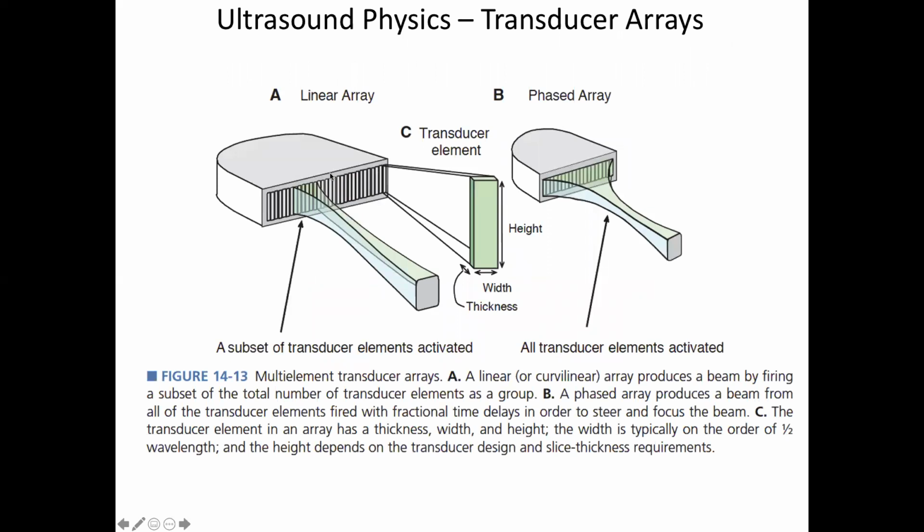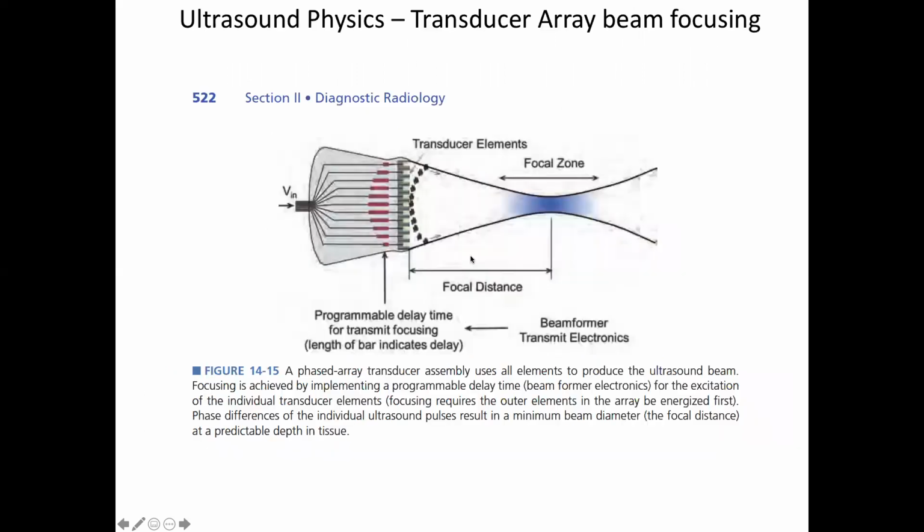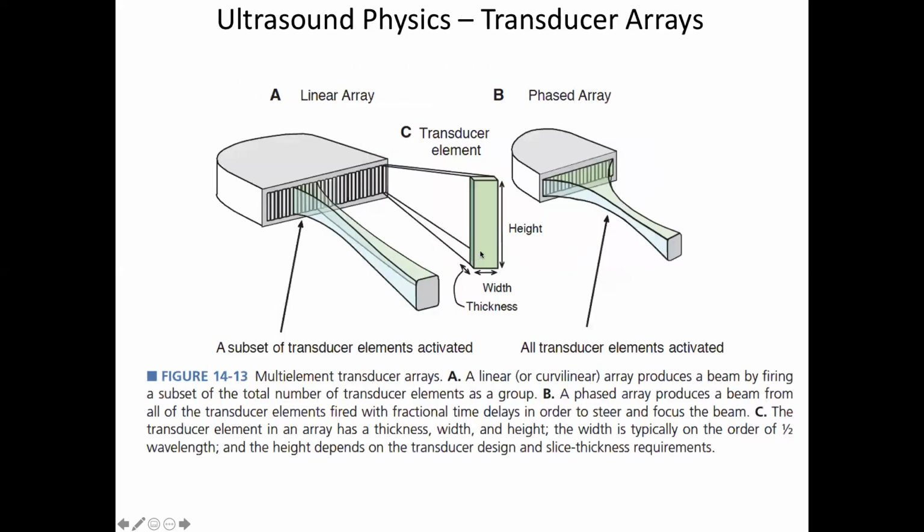So a transducer, here we have a linear array and a phased array. If we look at the linear element, here's the crystal. This is its depth, perpendicular to this surface. And so we're going to put a voltage across here, and the crystal will vibrate in the Z direction, the depth direction.